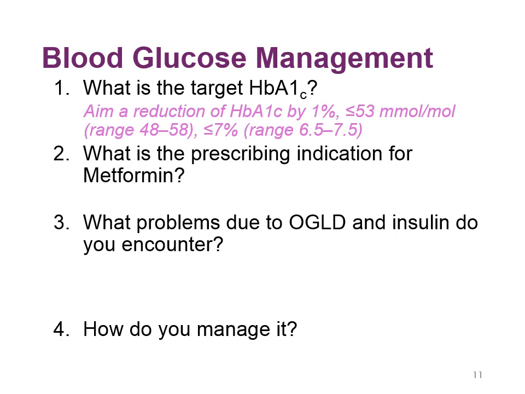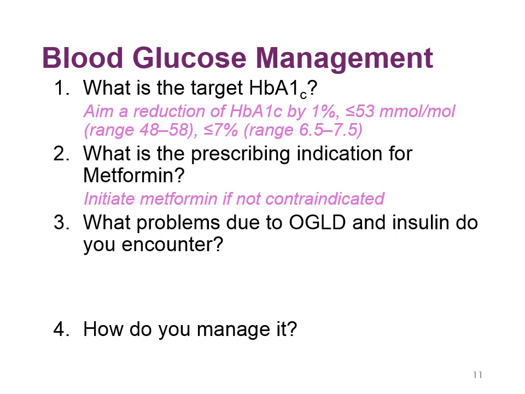But of course, HbA1c is individualized to each patient, depending on whether they're elderly or young, whether they have had diabetes for 5 years or 10 years, or whether they have multiple other comorbidities. Second question, what is the prescribing indication for metformin? Yes, metformin should be continued and started if it's not contraindicated.